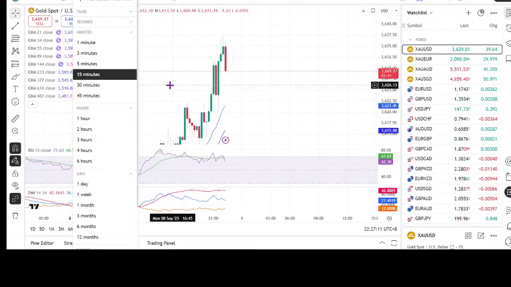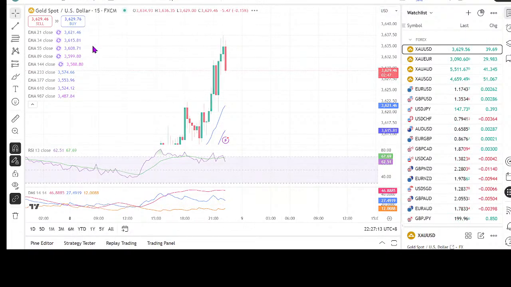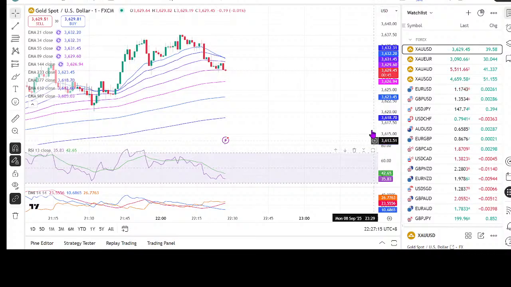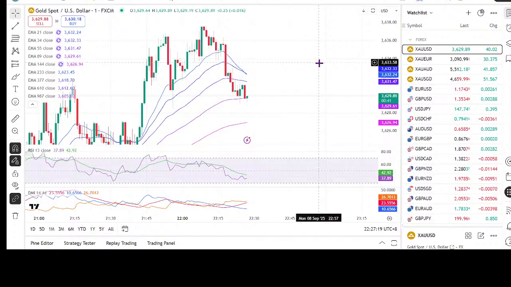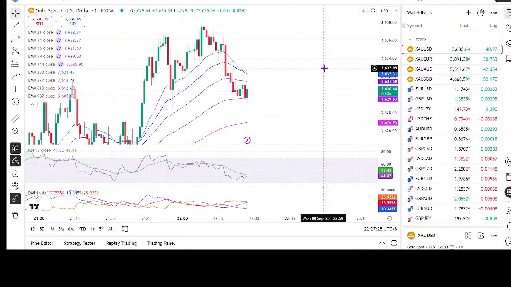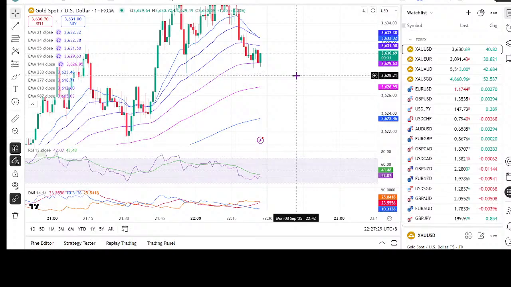If this price can break 28, then we can go for a re-entry. The re-entry would be selling at 32.80 and stop above 38. But the 28 has to break.